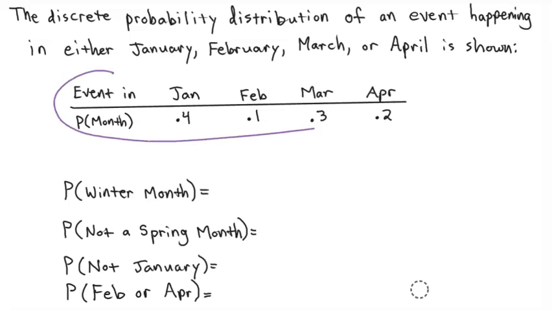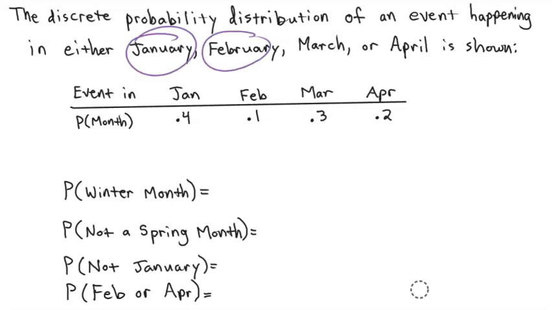This is what's called a discrete probability distribution, which we will discuss in Chapter 4. What we have here is the probability distribution of an event happening in either January or February or March or April. So the probability of the month is shown right here. The probability that this event will happen in January is 0.4.